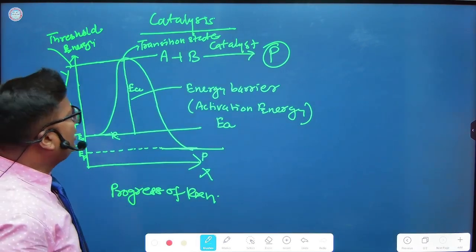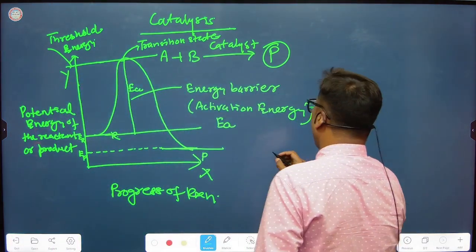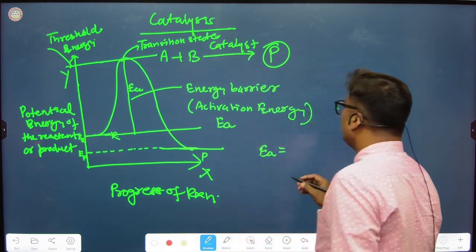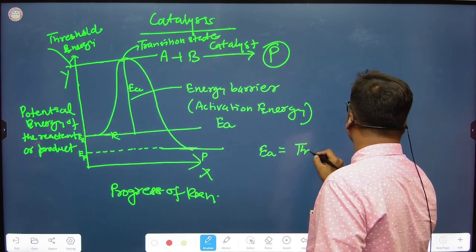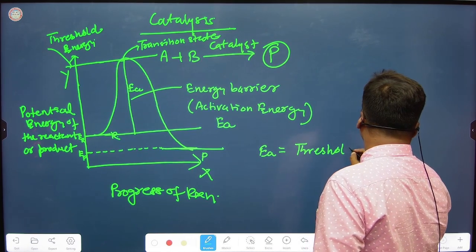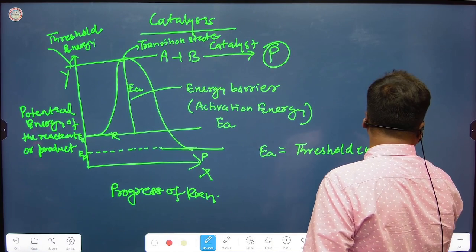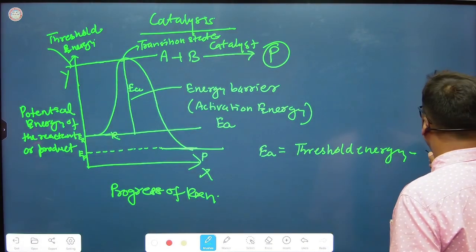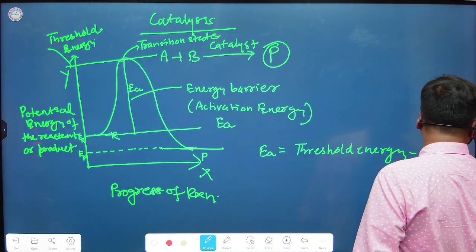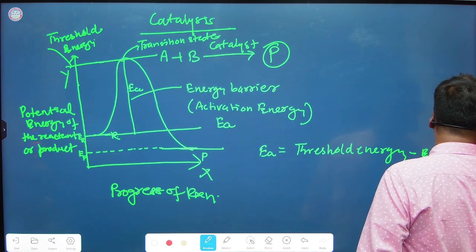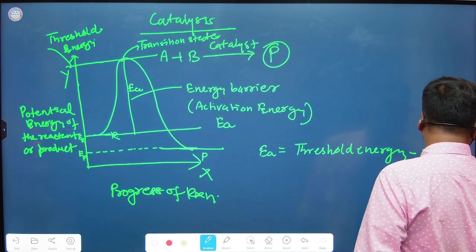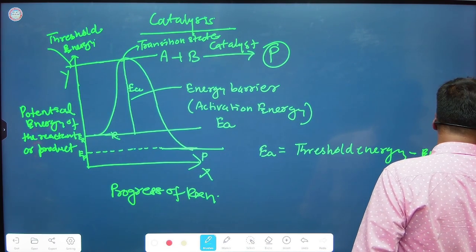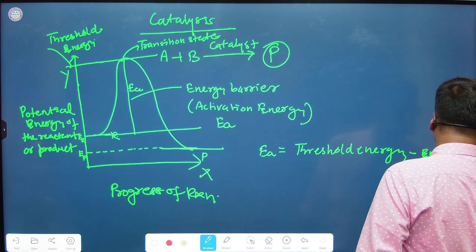And this activation energy is defined as EA is equal to threshold energy minus energy possessed by reactant molecules.